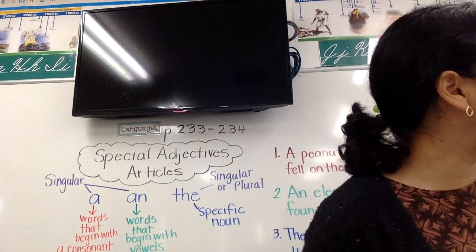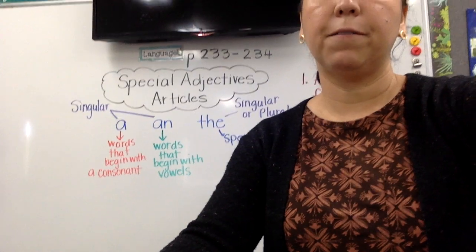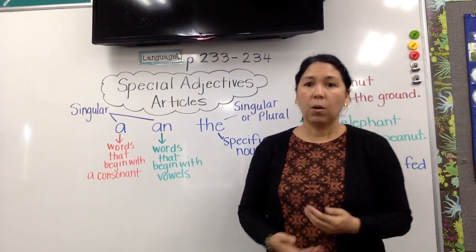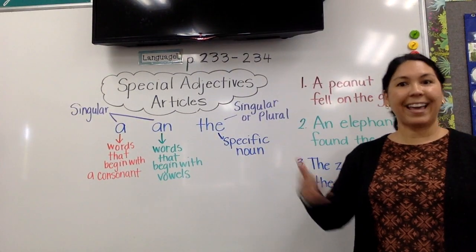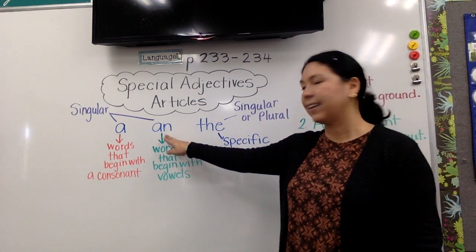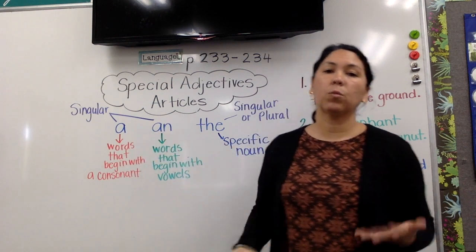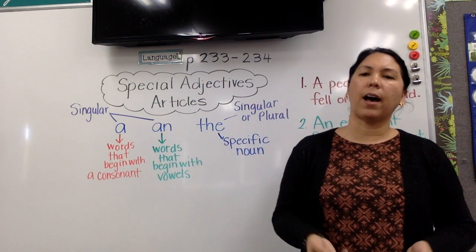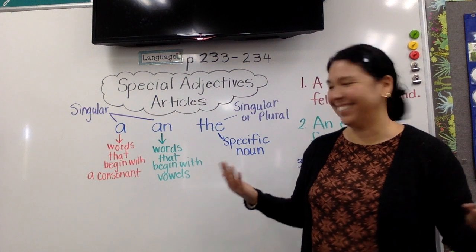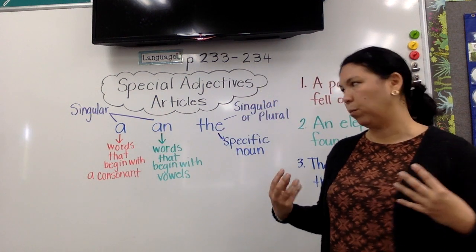S, T, V, W, X, and Z. Okay, so if a word like cactus starts with a C, I'm not going to say an cactus. I'm just going to say a cactus, right? Most words start with consonants, so we use a a lot. Okay, we don't necessarily say it when we're reading, right?